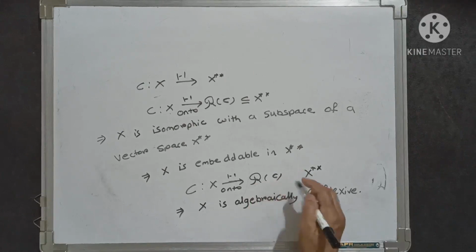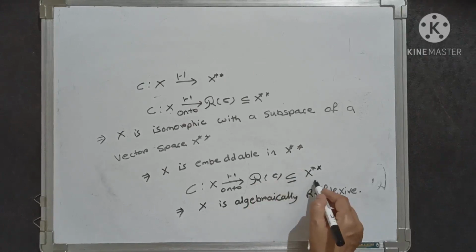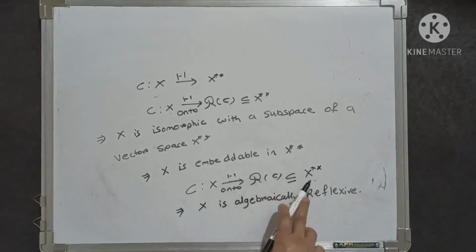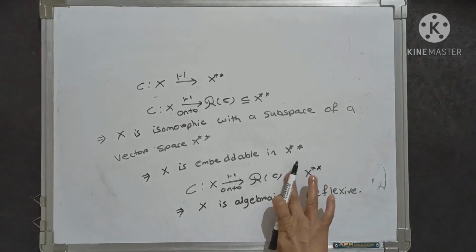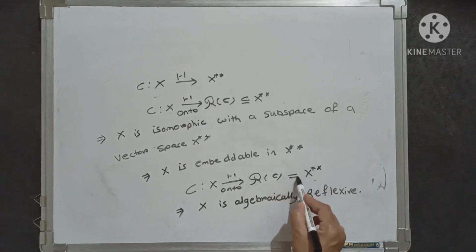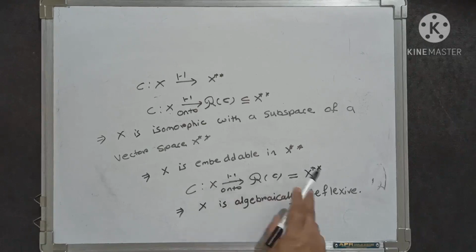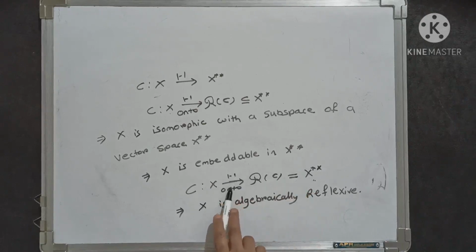Otherwise, when script R of C is a subspace of X double star, then in this case we say that capital X is embedded in X double star. But when this range set is equal to X double star, then the mapping C, from X to X double star, is bijective, and in this case we get that capital X is algebraically reflexive. This is about the canonical mapping.